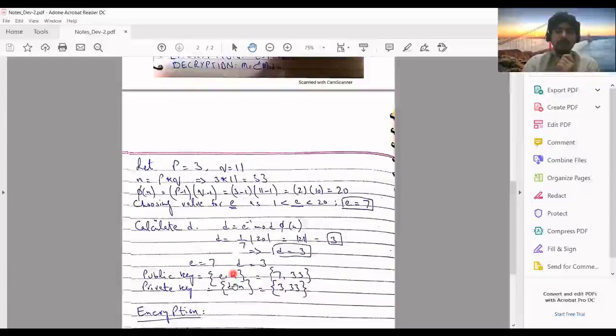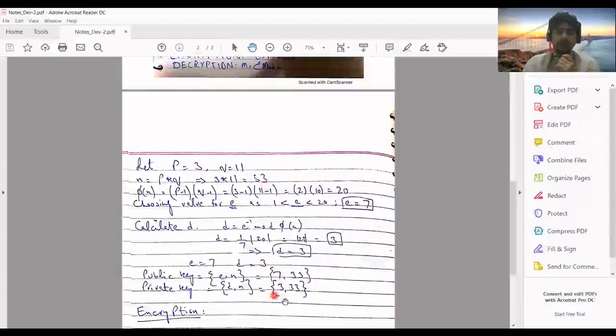The public key is E and N, and the private key is D and N. E was 7 and N was 33. Then the private key is D and N, where D we calculated as 3 and N was 33.